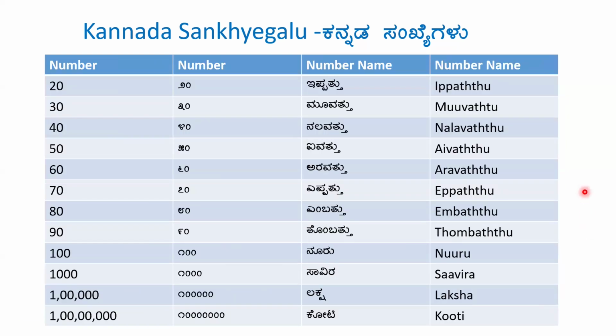Before we learn numbers from 21 to 100, it's very easy. We don't need to remember each number. We just need to remember their tens.